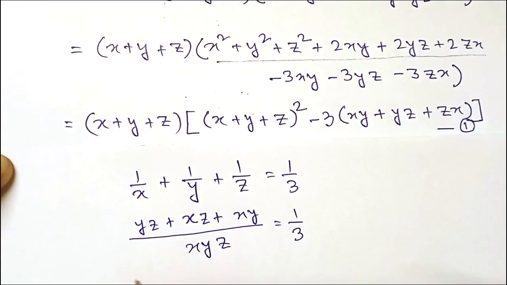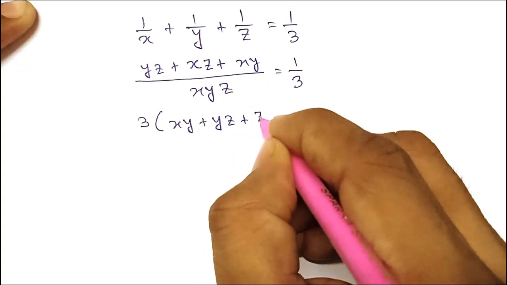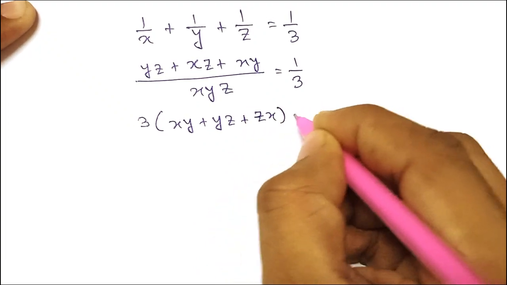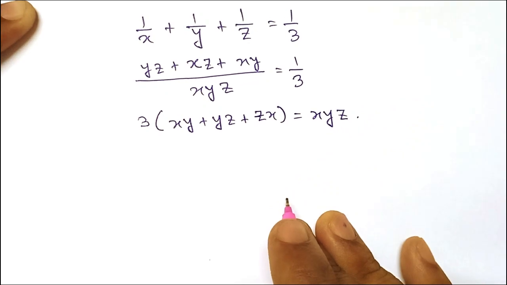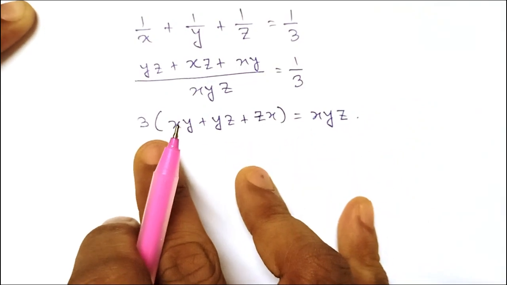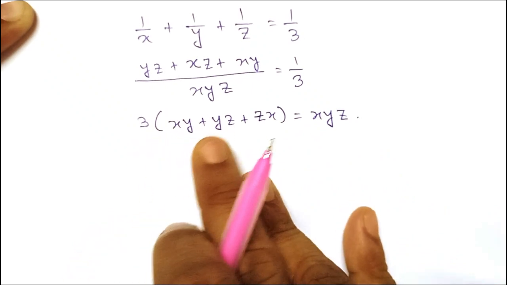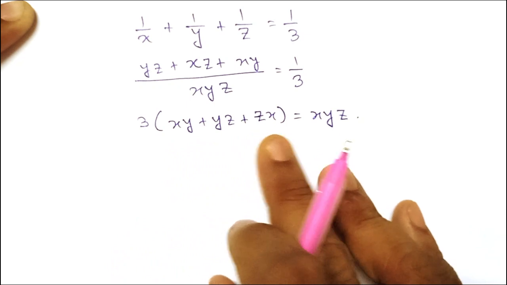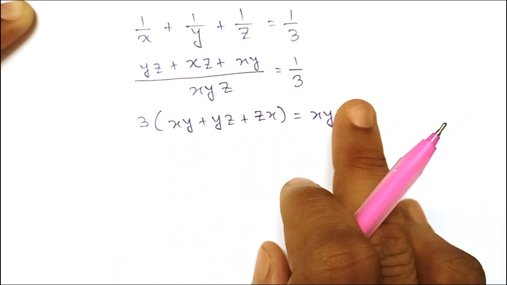So if we cross multiply, this will become 3 into xy plus yz plus zx is equal to xyz. So from here we can put this value of 3 into xy plus yz plus zx, which is equal to xyz, in our equation number 1.